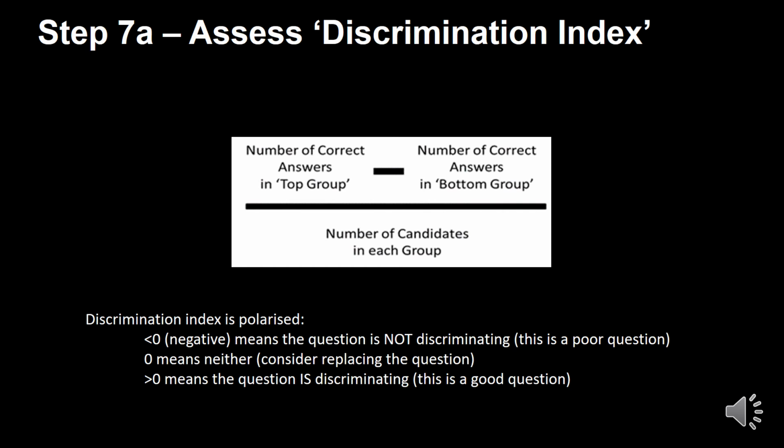If you get 0, it doesn't mean one thing or another, other than the question is probably not great, and we need to consider replacing that going forward. But a positive index score would mean that the question is good, and the more positive that number is, the better. So that's what this thing means. So on the next slide, let's actually look at the next phase.